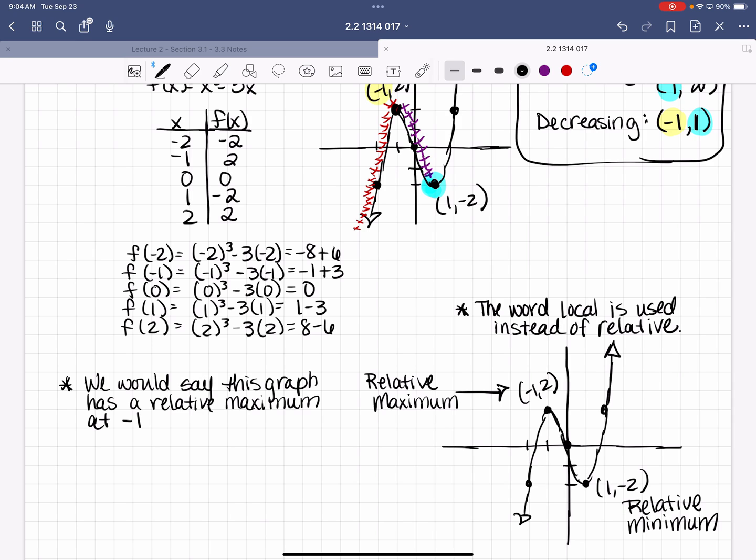The at part is the x part, where it occurs. So that relative max is at x equals negative 1, but what is the maximum? The maximum is 2. The x part tells you where it's at. The y part tells you what it actually is. And the only reason I go over that is because your homework does that. Your homework will ask, where is the relative max?